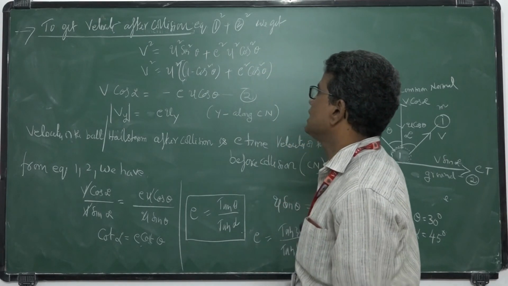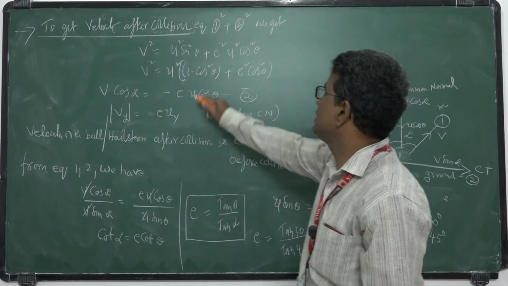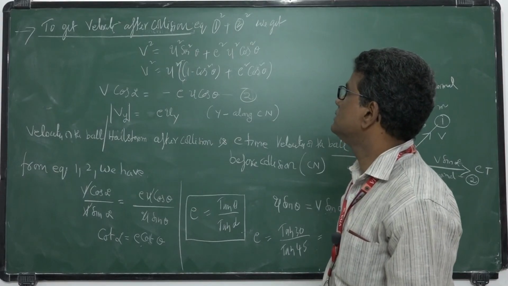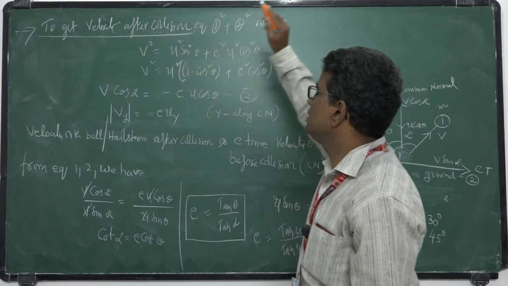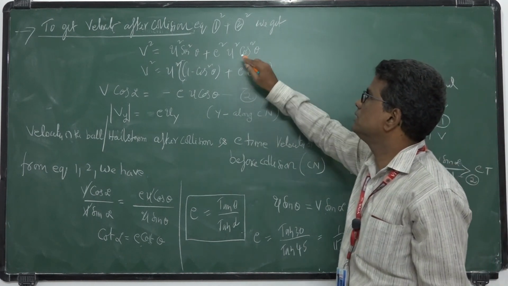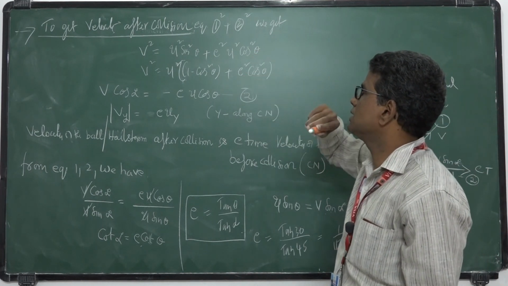So what you will get? sin square theta can be written as 1 minus cos square theta, so cos square theta appears here.